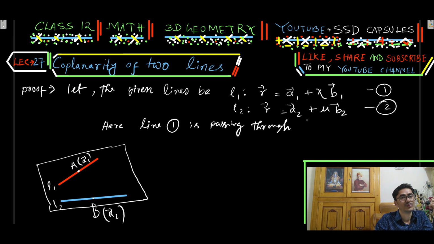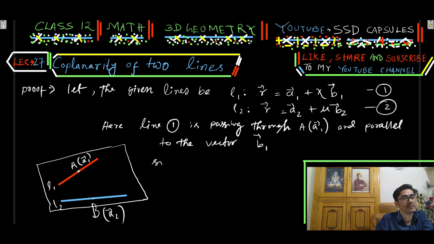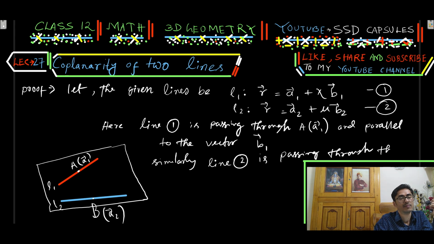So line 1 is passing through capital A with position vector A1 vector and parallel to the vector B1 vector. Similarly, line 2 is passing through the point capital B with position vector A2 vector and parallel to B2 vector.